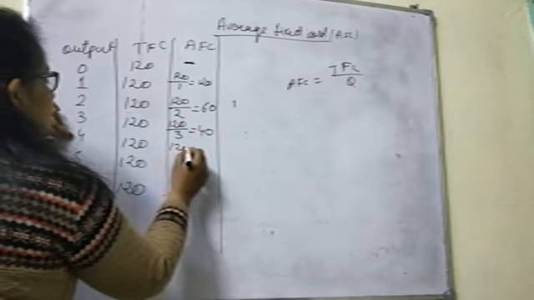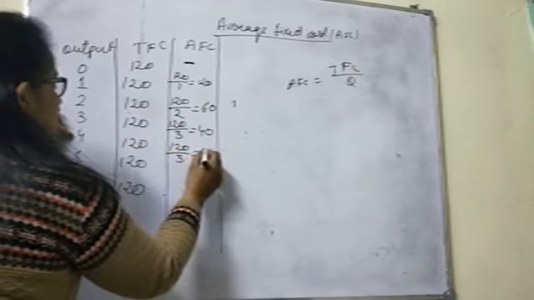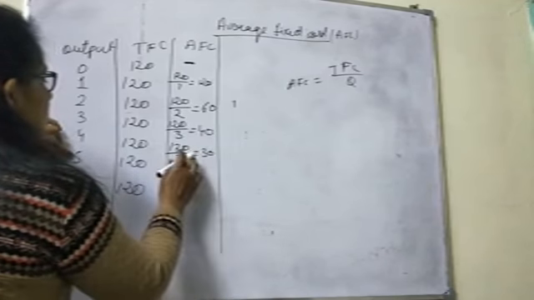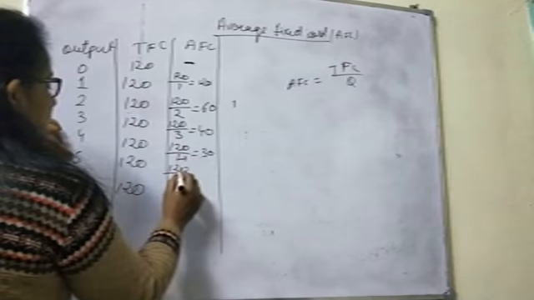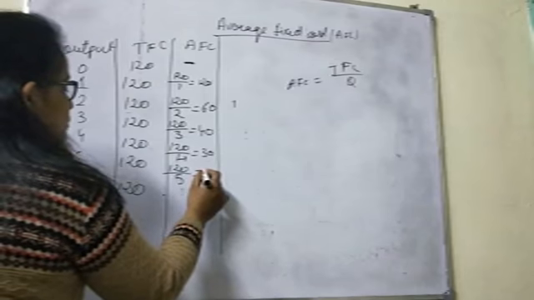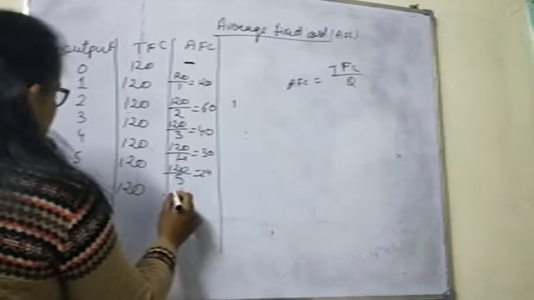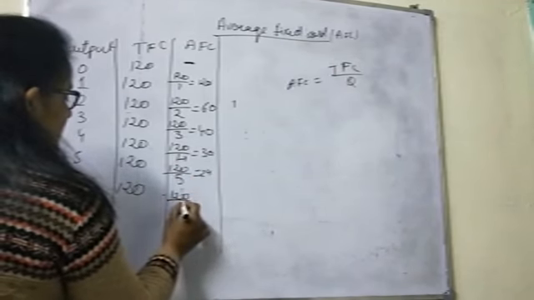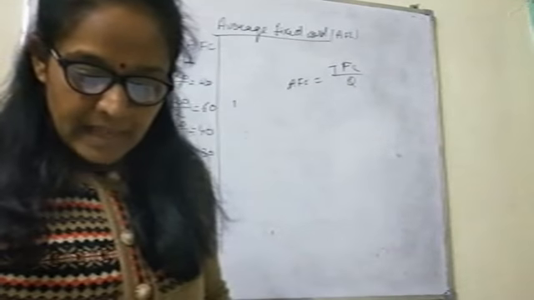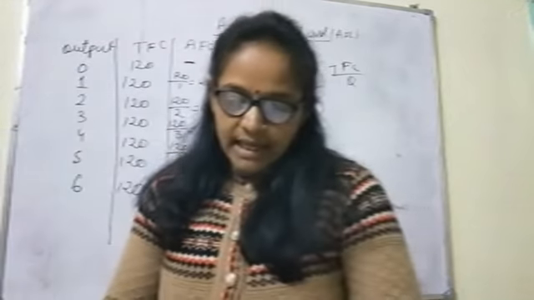Then 120 divided by 4 will get 30. 120 divided by 5, we get 24. 120 divided by 6, 20. So we got the AFC. Now you have understood here how we calculate AFC.